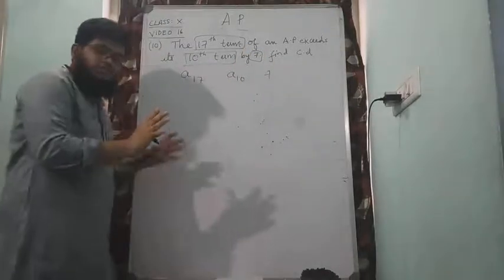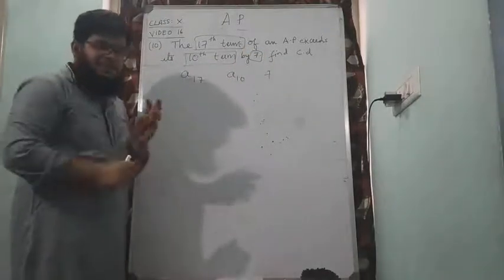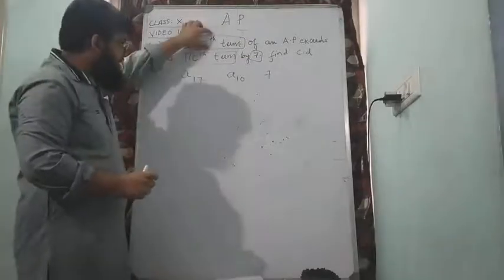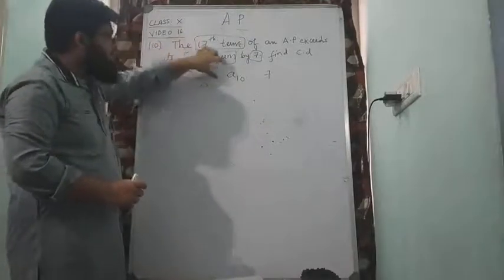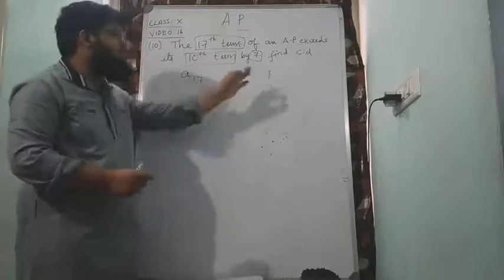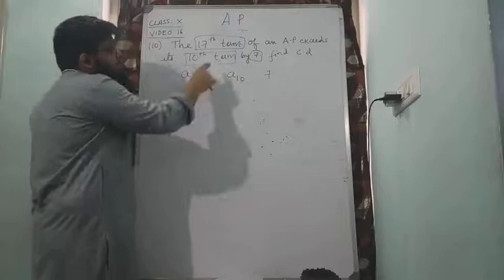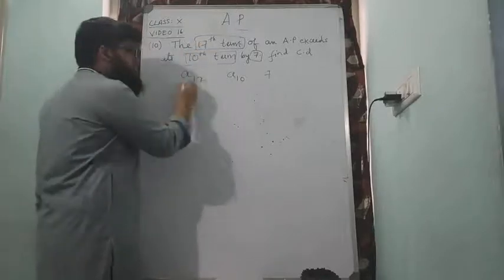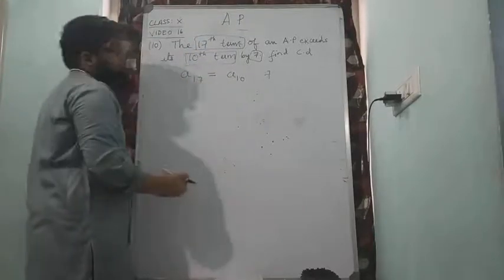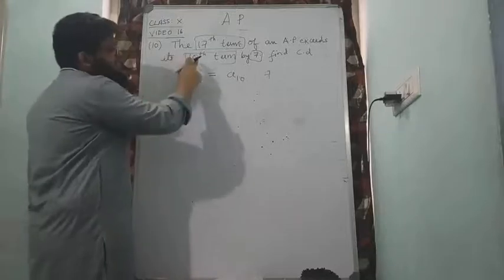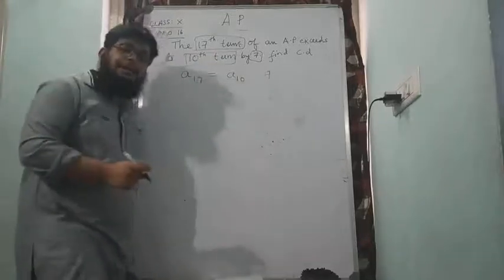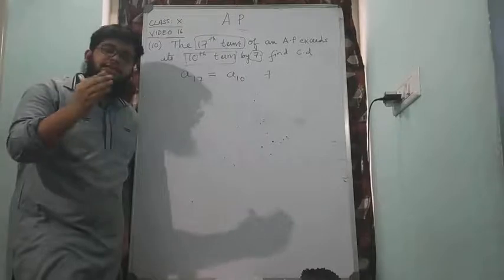Now I need to make this an equation. So there are three things basically in this problem. 17th term means A17, 10th term means A10 and 7. We are supposed to find the common difference, but my equation will have three things first. Because we are talking about the 17th term, that's why the 17th term will be equal to; the AP exceeds its 10th term by 7. The meaning of the word exceeds is to increase.